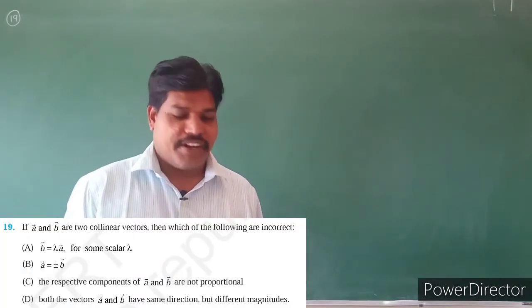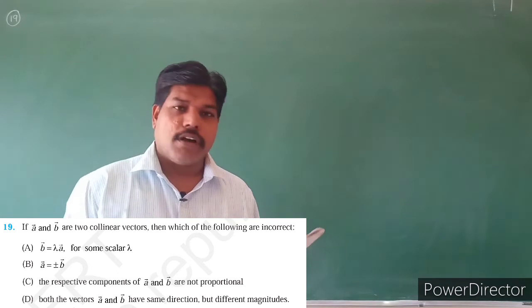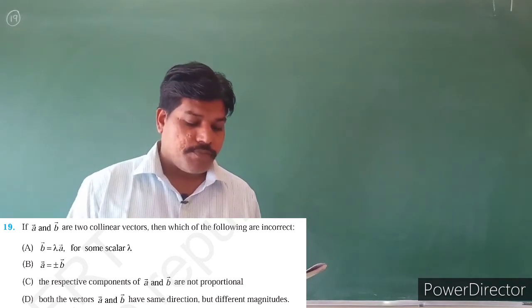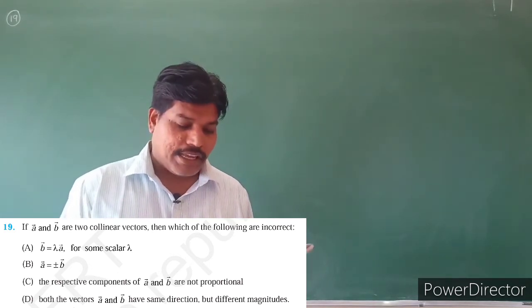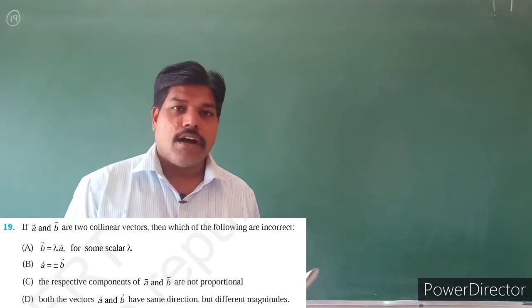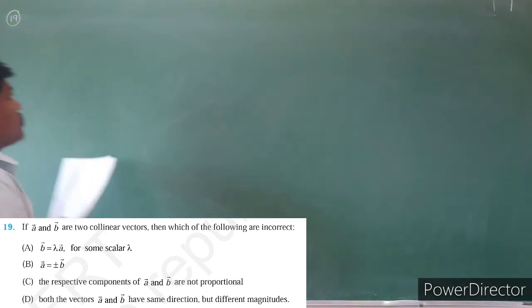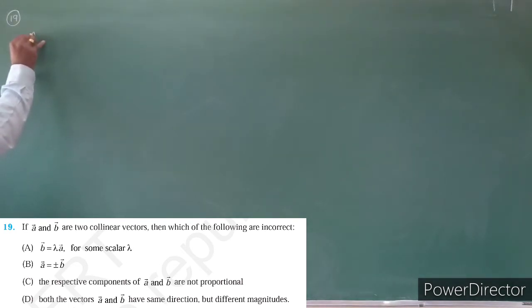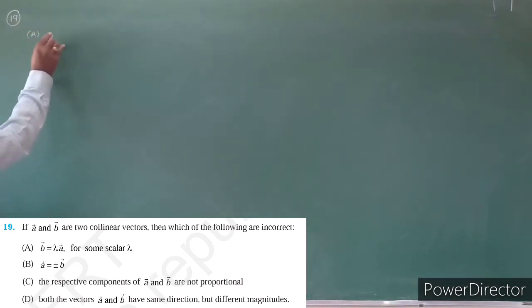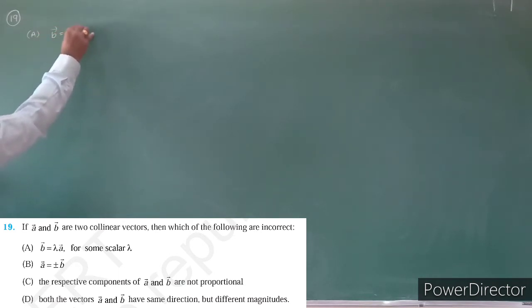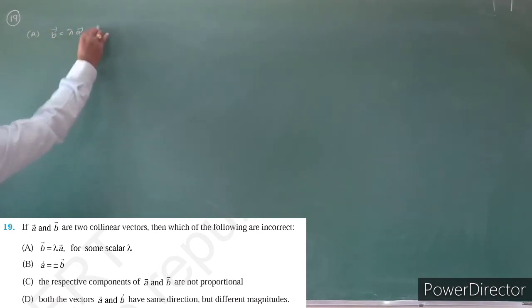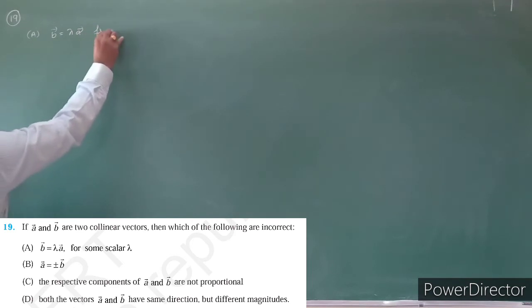See question number 19. What is question number 19? If A bar and B bar are two collinear vectors, then which of the following is not correct? See the first option: B bar is equal to lambda into A bar for some scalar lambda.